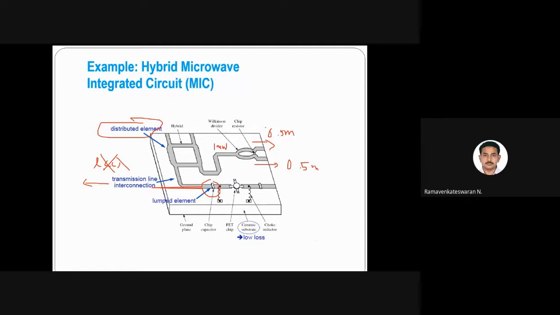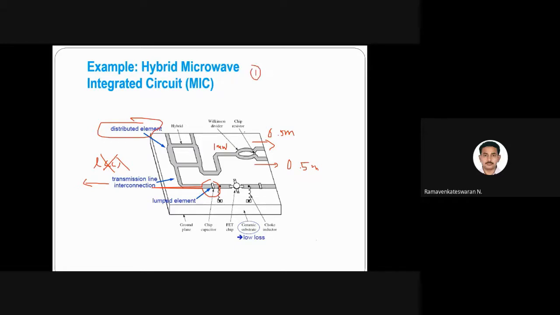So I could have some poll questions. Probably I have not included that, but I think we can have some exercise for your understanding or your reference. What is the lumped element? What is the distributed element? I will give these options.